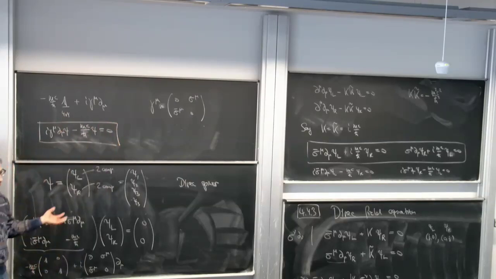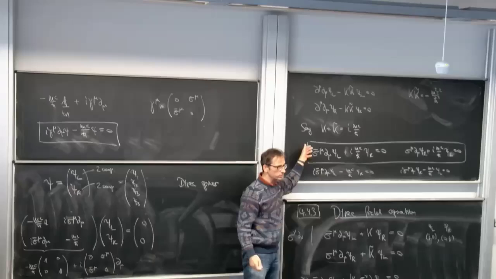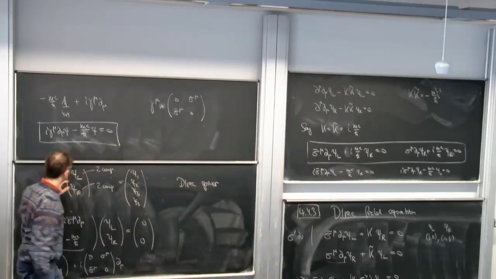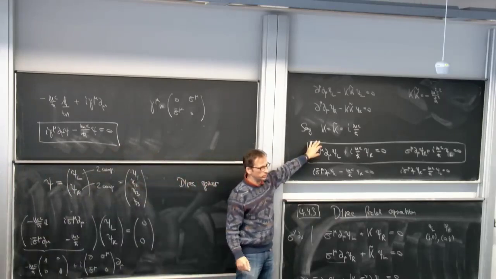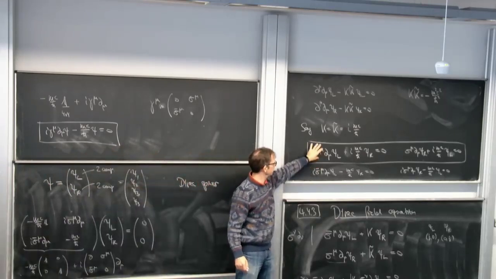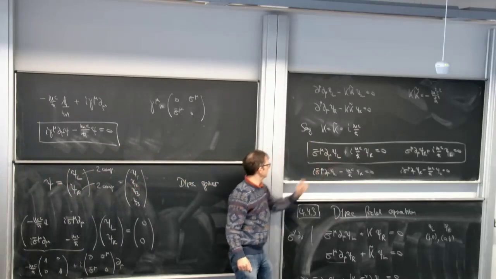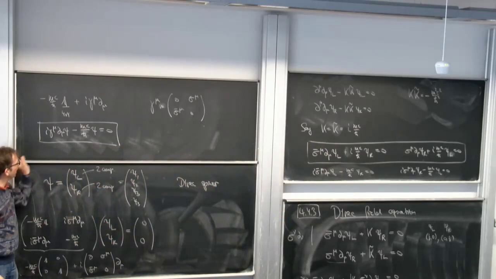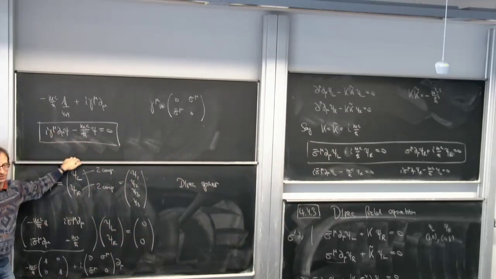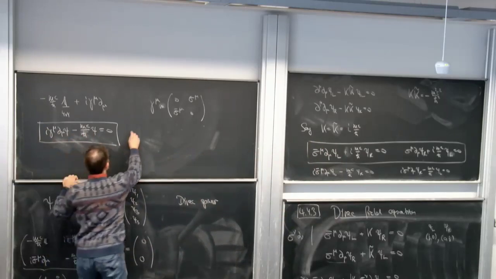Now it's one equation rather than two, but then it is a matrix equation. These were matrix equations already, 2 by 2 matrix equations, because it was Pauli matrix. This is a 2 spinor. Then it turned into a 4 by 4 matrix equation, and then we hide everything in the gamma matrices. And so it looks very neat again. This is the Dirac equation.